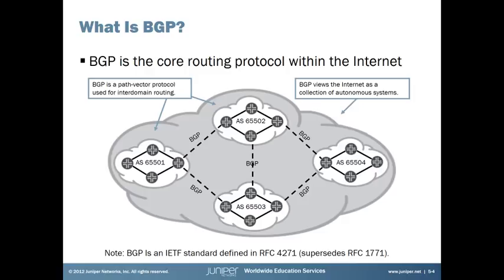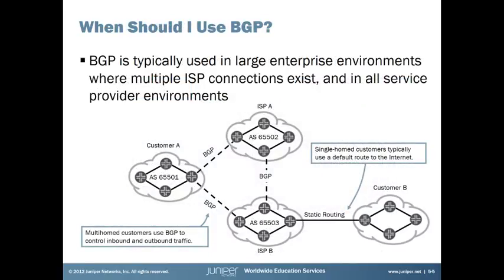So we looked at the fact that BGP routes between autonomous systems predominantly, and the IGP is contained predominantly within an autonomous system.